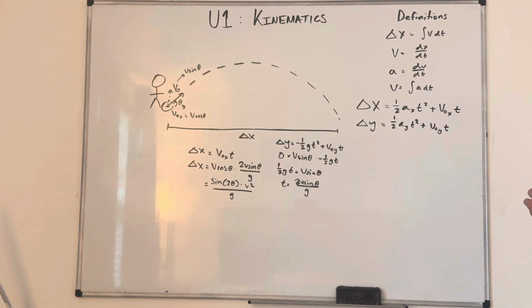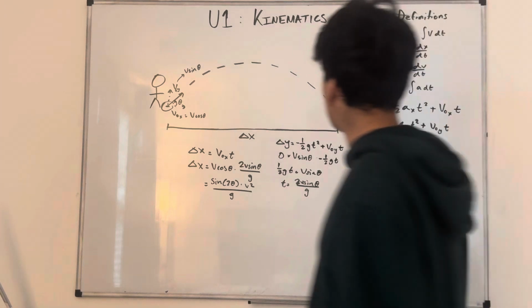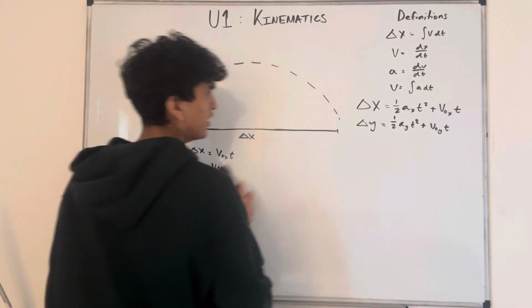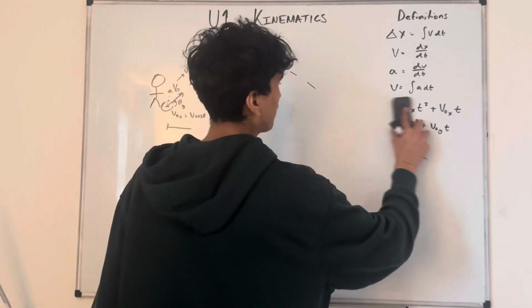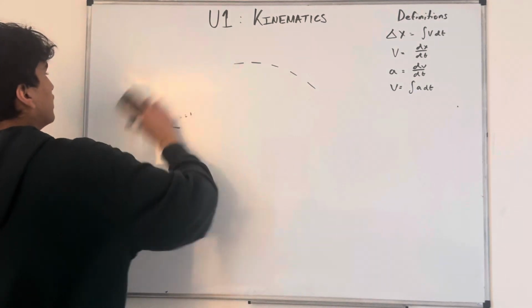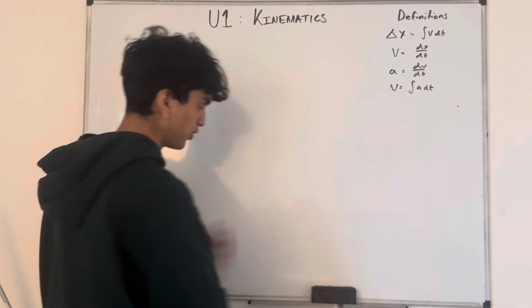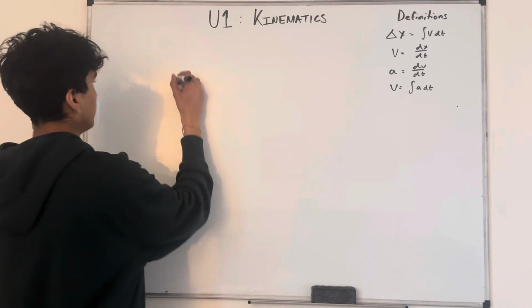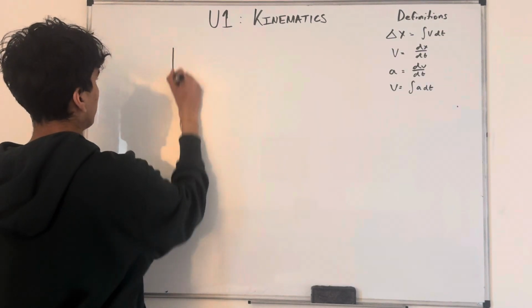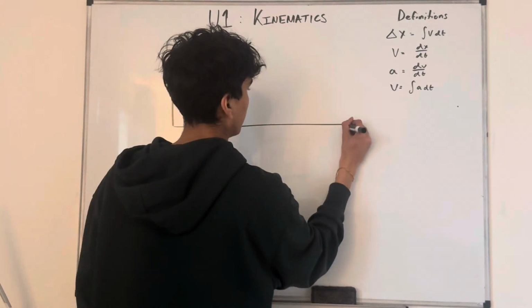Next, I want to look at an example scenario. I guess not really a problem, but just something to think about. Let's say we had 4 different projectiles, and we can make a little coordinate system like so.